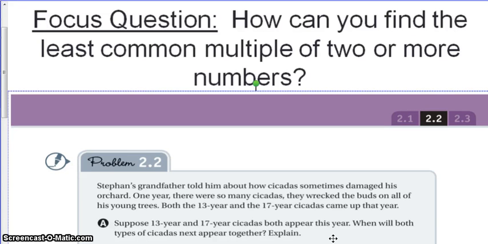So anyway, we're going to figure out when they both will appear together again, the next time, not taking 17 times 13 and getting that multiple as the number of years, but when will the next year be that those will both appear together?